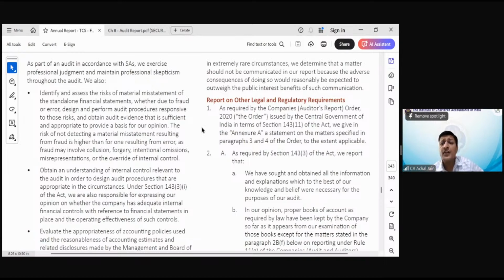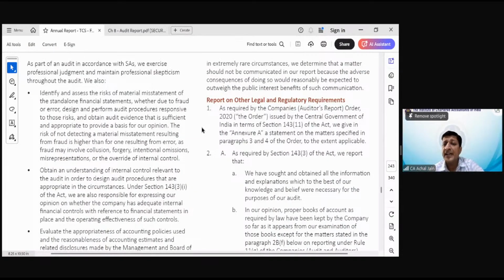In relation to audit of financial statements of an entity, let's suppose the Companies Act requires the auditor to cover something. The auditor may already have covered that during the course of audit.